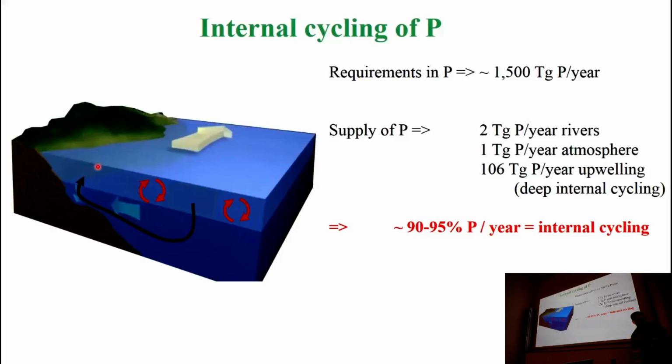Those can then upwell, and we might get some more biological activity over here. But we can also cycle phosphorus within the surface layer of the ocean. So this internal cycling, both deep and shallow, is absolutely critical for how much carbon can be taken out of the atmosphere.